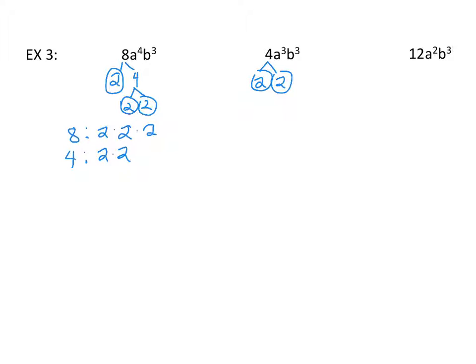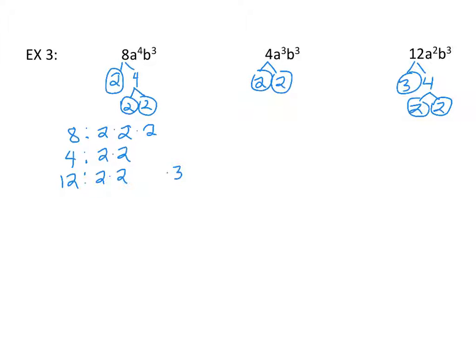And then the 12 is 3 times 4. You could have used 2 and 6, but I like 3 and 4. And so then for 12, we're going to line up the 2 2's here. And then the 3 has to have its own column.